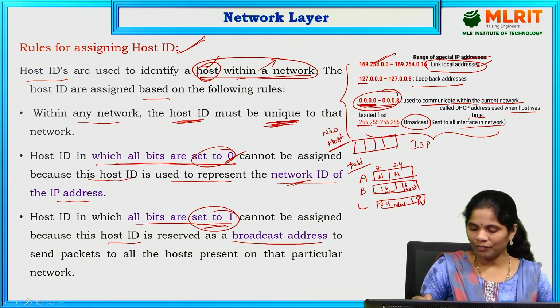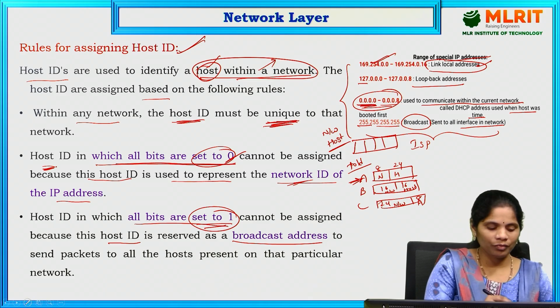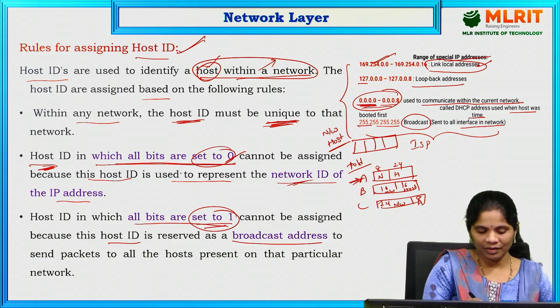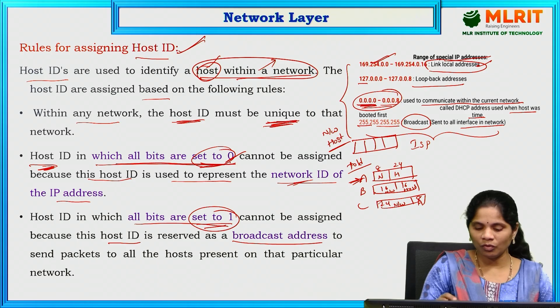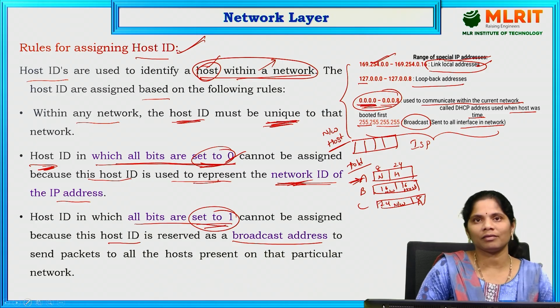Whenever we are talking about a particular class, at that time we are talking about only the host ID, and how we have to allocate it. If all the bits are set to 0, we can't use it, because we use that address to represent the network ID.